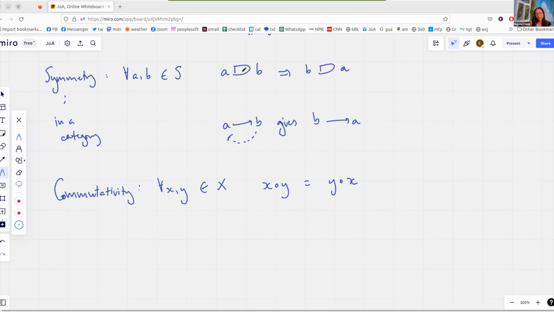Although it looks like A and B have swapped places, remember that this relation is not a binary operation, whereas this one is a binary operation. And so I think that it makes a kind of superficial similarity, but that these are really different things because these are answers and these are statements.